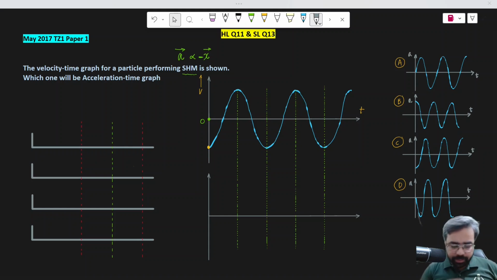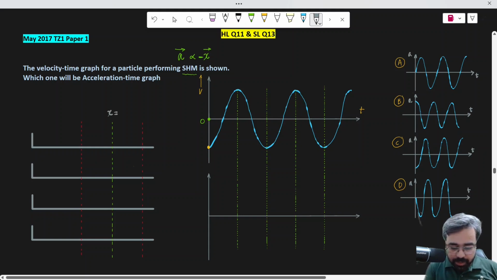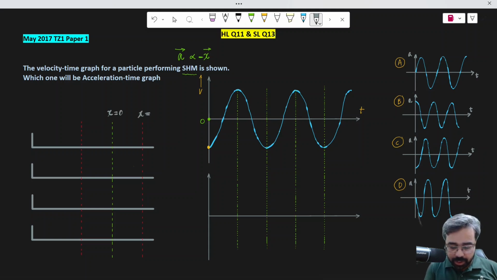I've shown the mass-spring system setup at different positions, and I will talk about them later. Right now, this is our equilibrium position, this must be the positive extreme position, and this must be the negative extreme position of the mass.